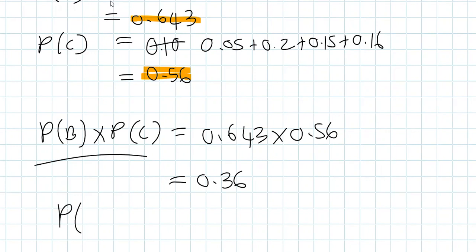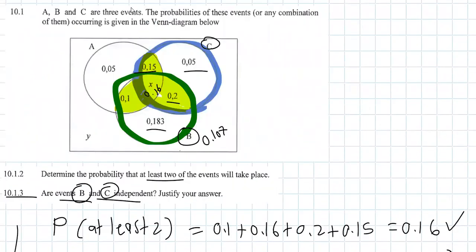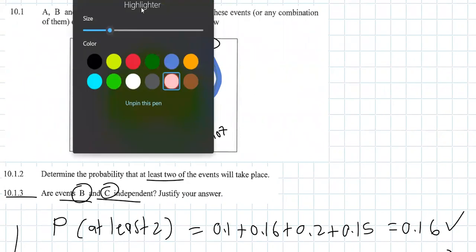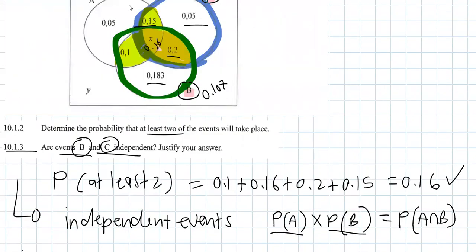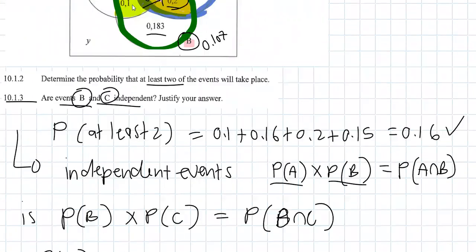Now, what is the probability of B and C by inspection? We can do this by inspection. Probability of B and C is the bit in the middle. So here's B, here's C. Probability of B and C is the overlap between the two, the intersection between the two, which is 0.16 plus 0.2.